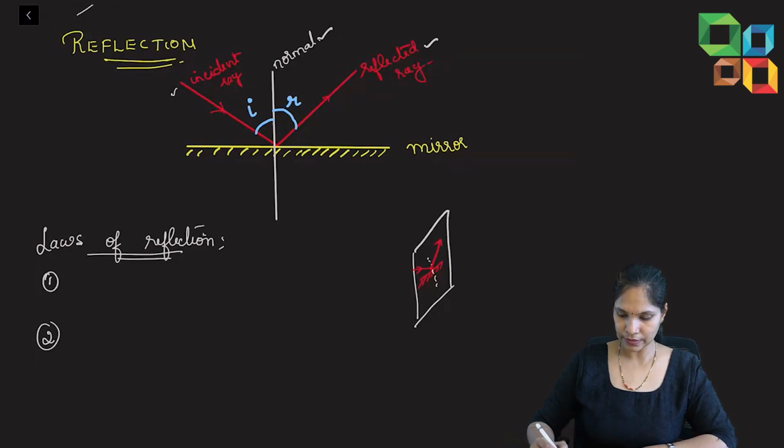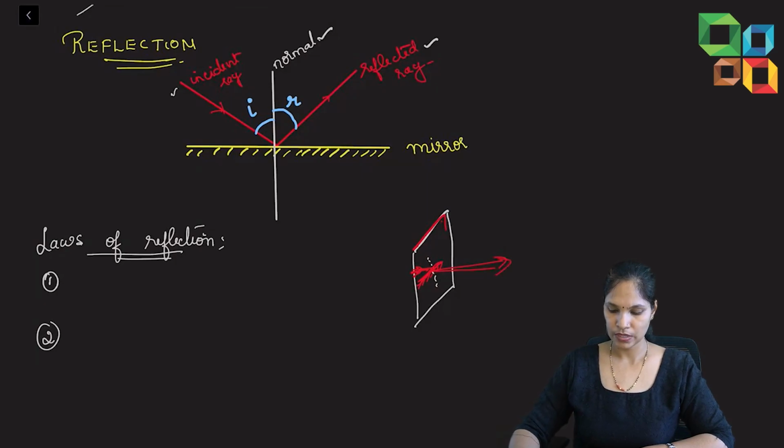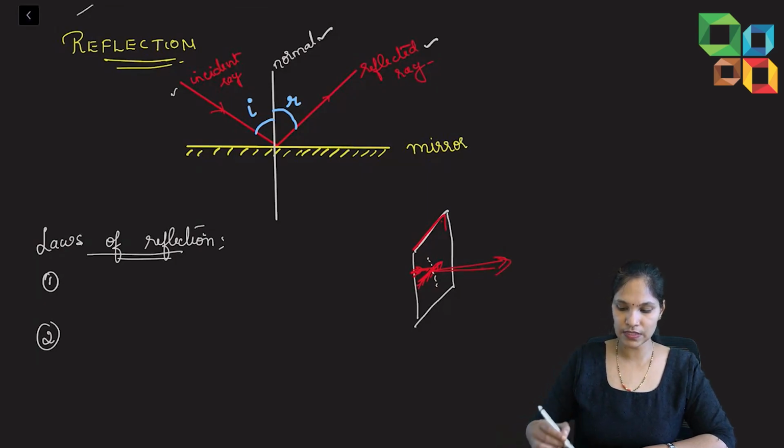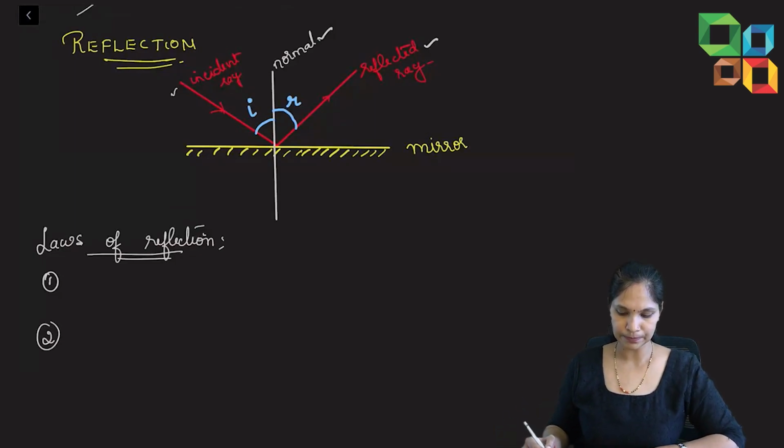So you will never find a ray which comes out like this. A ray falling on the mirror on this plane will not come out of the plane like this. If that happens, then the first law is violated. That doesn't happen. So the first law is: the incident ray, the reflected ray, and the normal all lie on the same plane.